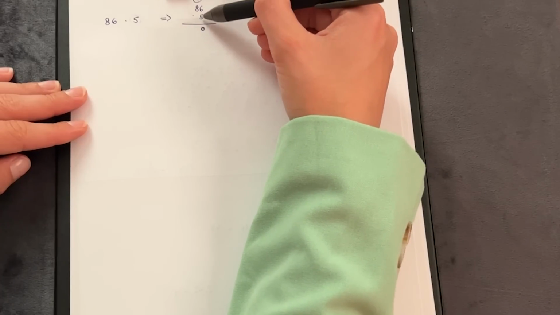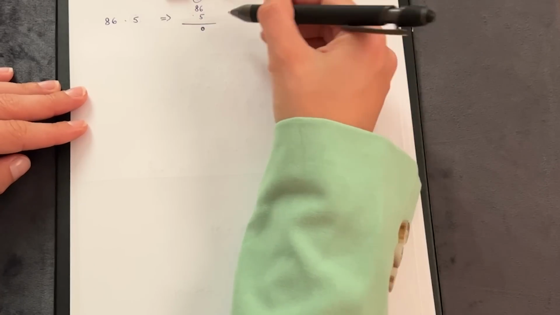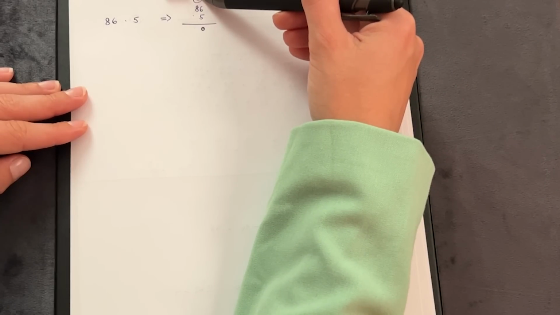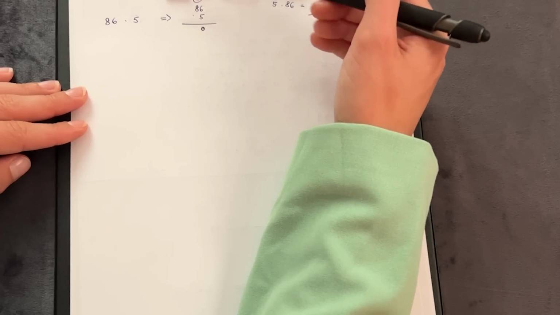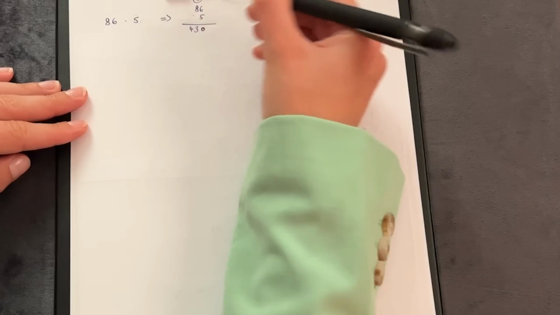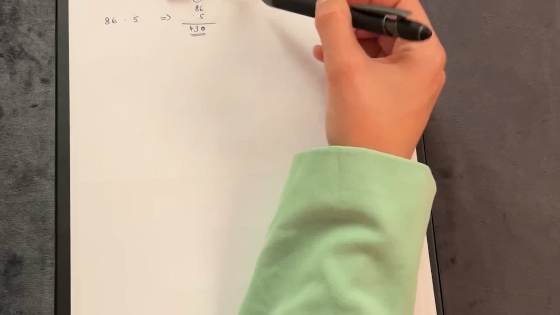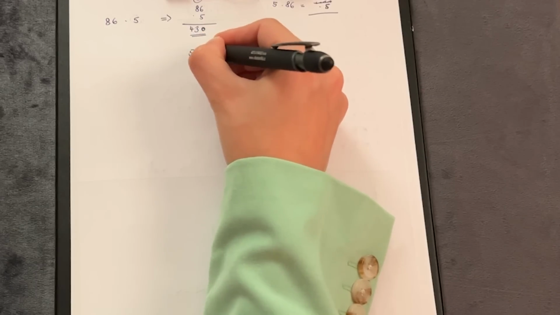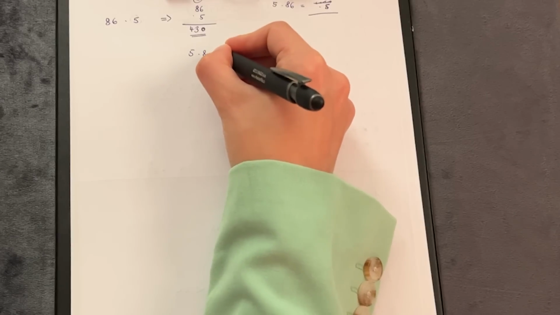Then we have 5 times 8, which is 40, but we still carry the number 3, so it will be 40 plus 3, and that is 43. So it's 430. And if you want to do it from the top of your head and do not want to write it down, you can just ask yourself how much is 5 times 8?